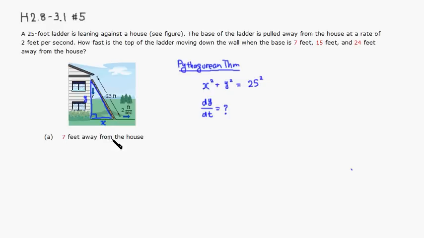For part A, the bottom of the ladder is 7 feet away from the house, so that's x. So x is given to be 7.